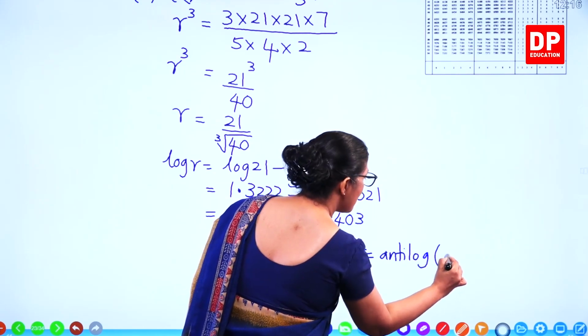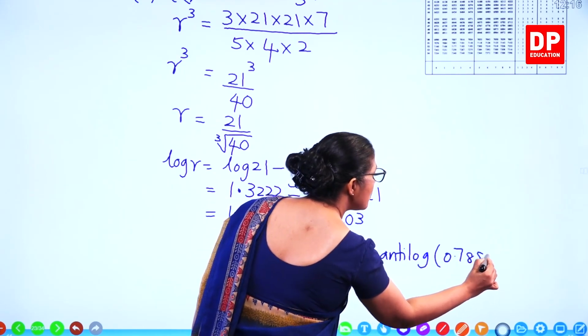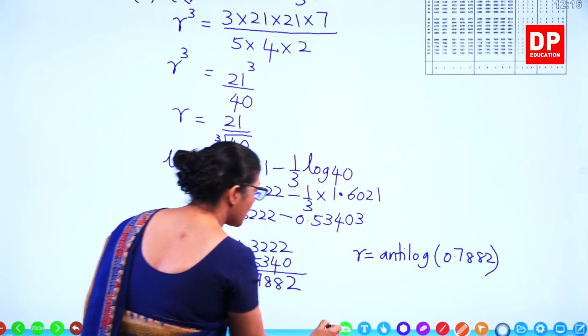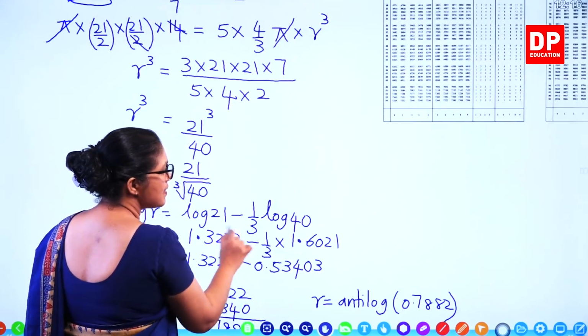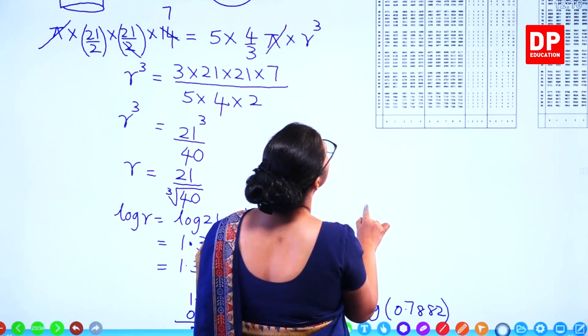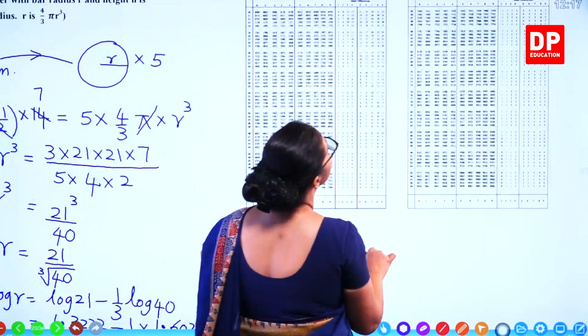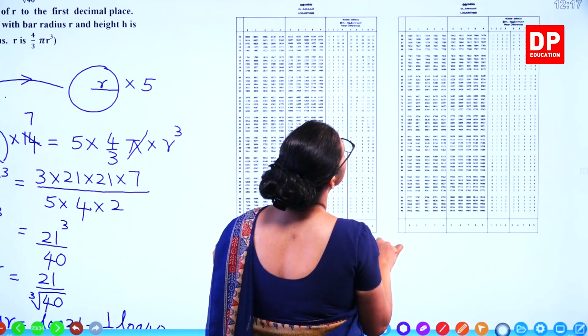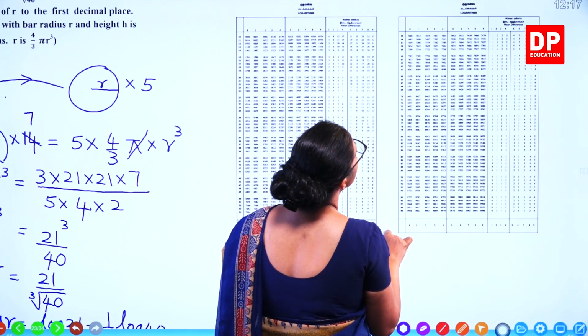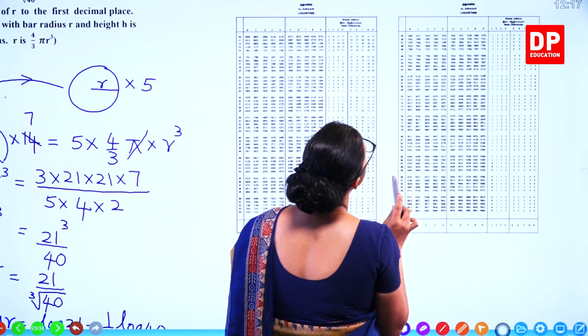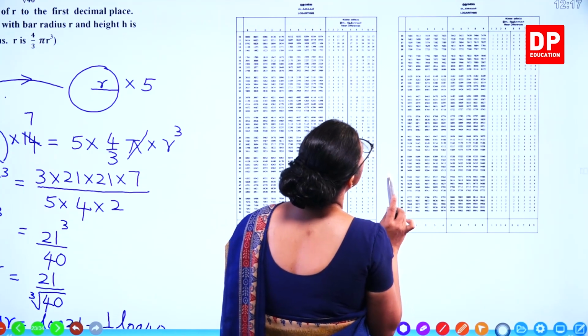Now refer to the log table, the antilog table. 7882. That's the second table. It's there already. 7882 is 61, 4.